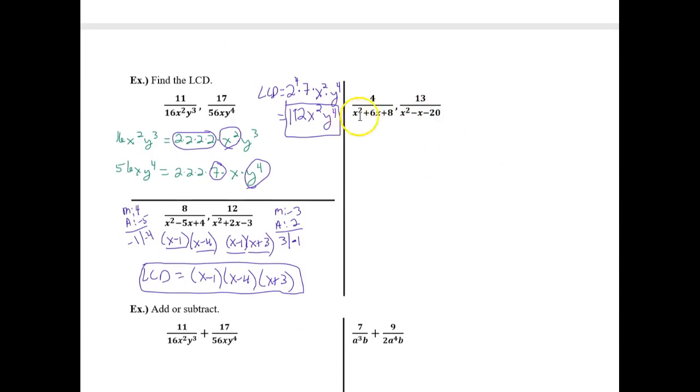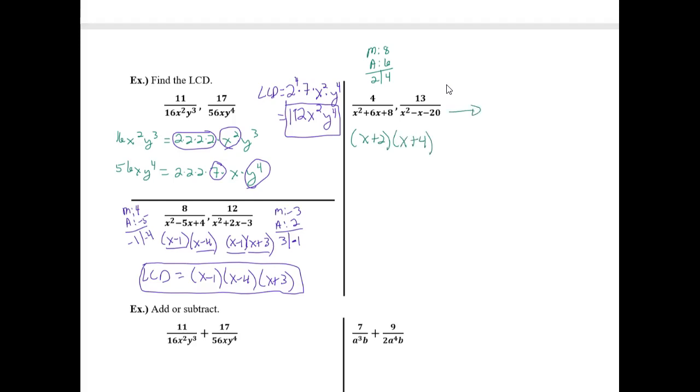We need to factor each one of these denominators. The first one here on the left, I want factors that are going to multiply to a positive 8 and add to a positive 6. So 2 and 4 multiply to 8 and add to 6. I'm going to factor that into x plus 2 and x plus 4.